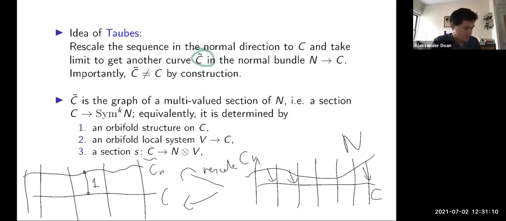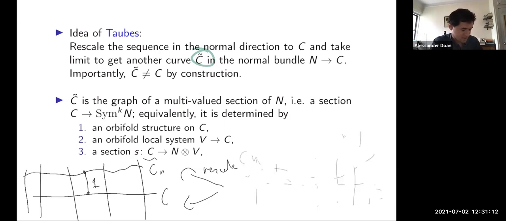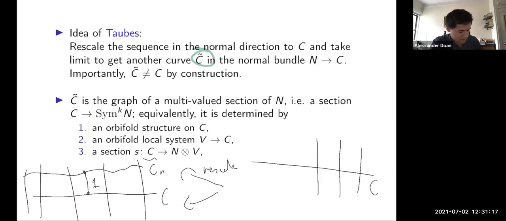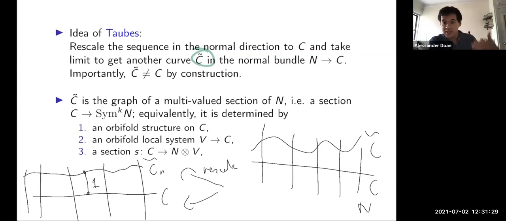So maybe I should erase something because it got busy. So after rescaling, this is the situation that you have C here, and you have some kind of curve here, C twiddle. And this is all happening in the normal bundle. So now what you can do, you can intersect the C twiddle with each normal fiber. And you can show, so maybe it has multiple intersections, and you can show that this defines a multi-valued section of the normal bundle.